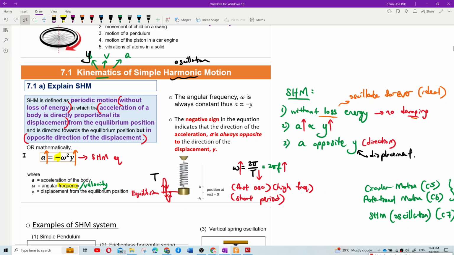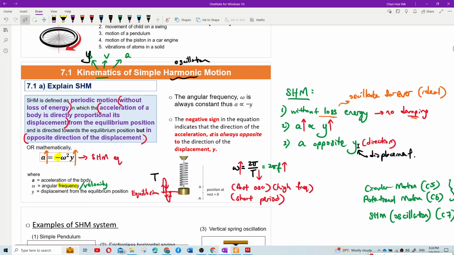What does it mean by a equal to negative omega square y? It means that acceleration is proportional to displacement. But the acceleration is negative y. Negative means opposite to y. Acceleration is proportional to displacement, but always opposite the displacement.